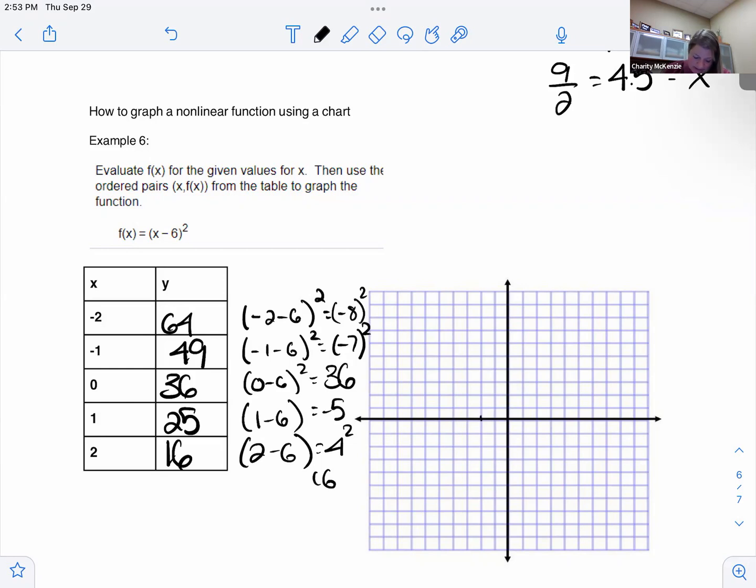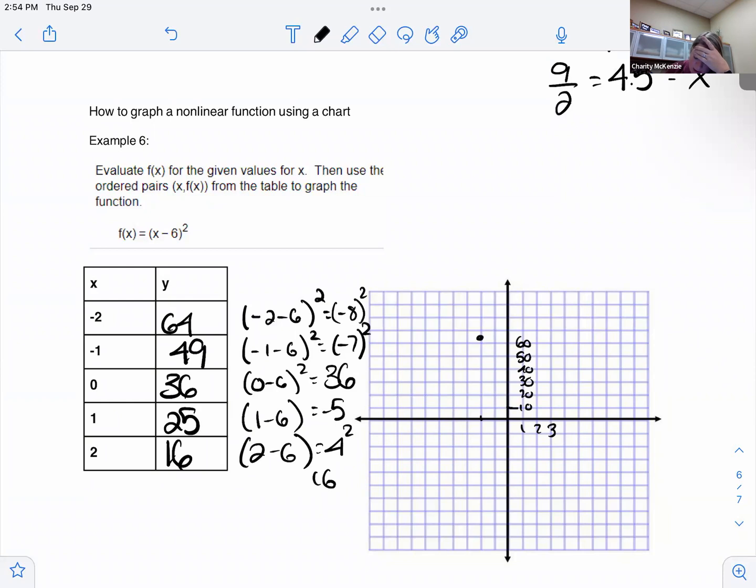What should we count by? Maybe we'll count by tens. 10, 20, 30, 40, 50, 60. That's all right. And then we'll just count by regular 1, 2, 3, and so forth on this one. But go over -2, up 64 would be somewhere right in here. That is not a perfect graph at all.